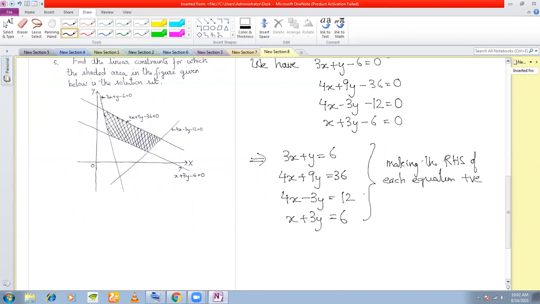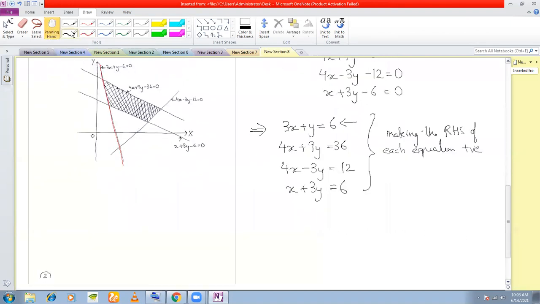Okay. Now, once we have got the RHS positive, we'll see which side of the line is shaded. Consider the first line, 3x plus y is equal to 6. Which one is the line here? This is the line, right? If you see which part is shaded, the origin side or the non-origin side of this line, the non-origin side of this straight line is shaded, right?